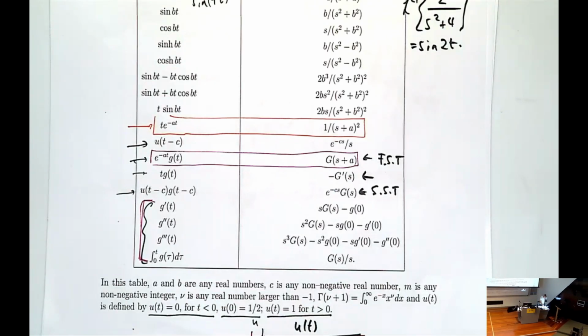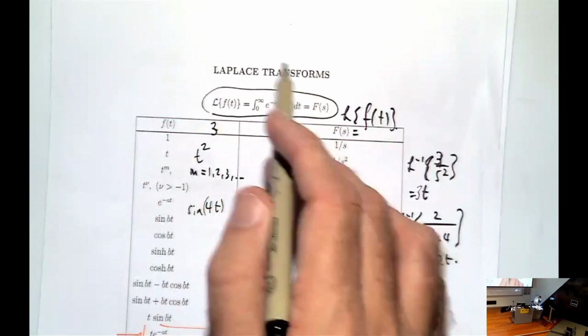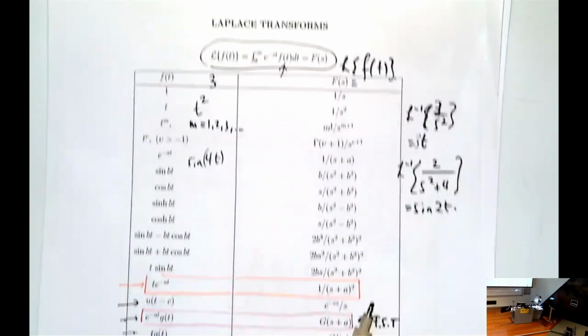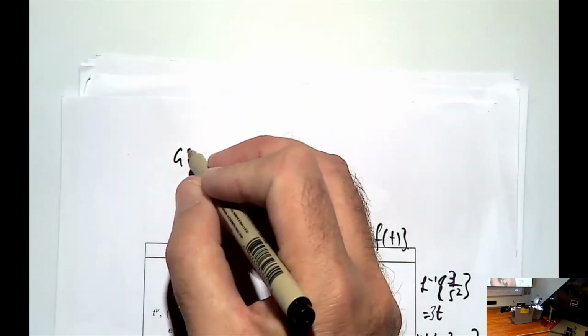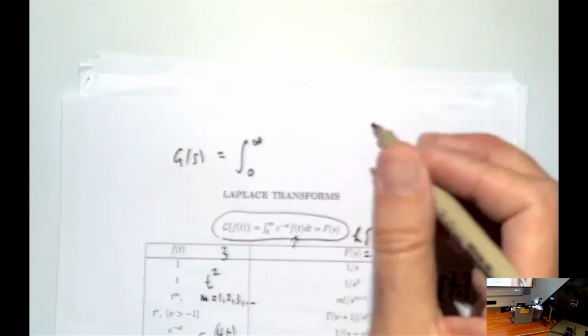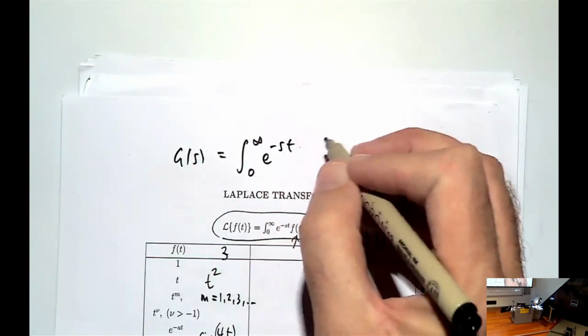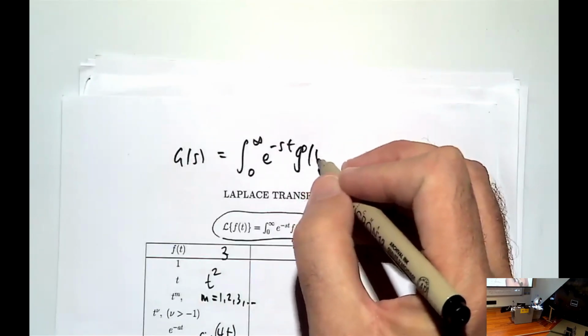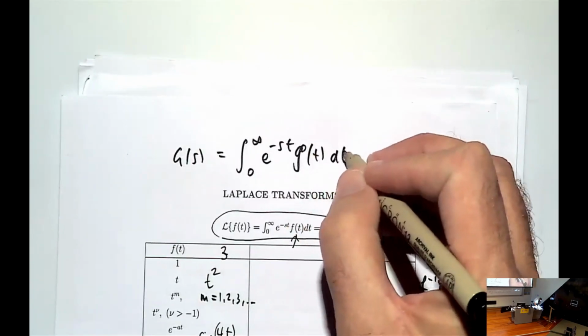Okay, so let's actually look here and differentiate. All right, so I'm going to go up here and we're going to say, all right, g of s. All right, so that's just a little g.